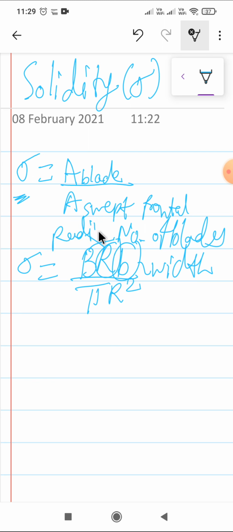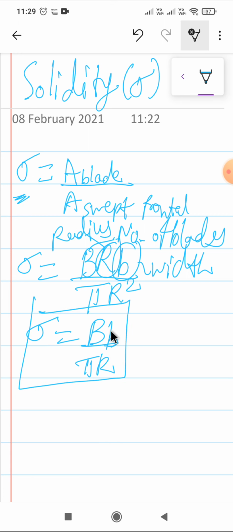R gets cancelled, so sigma will be equal to B c upon pi R. A 2 or 3 bladed wind turbine has low solidity and so needs to rotate faster to intercept and capture wind area.